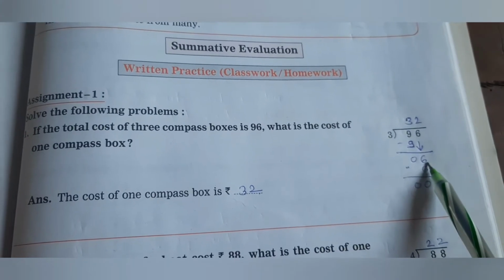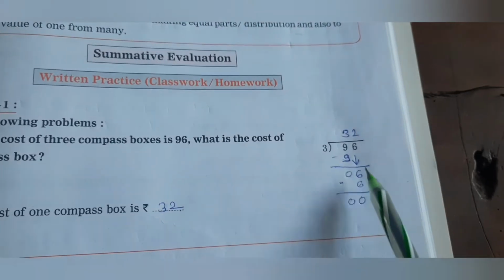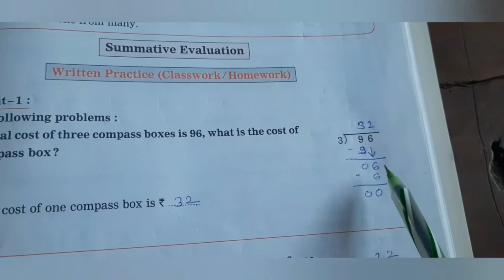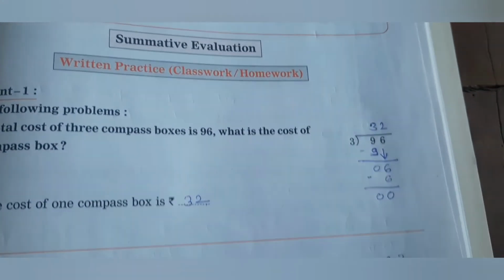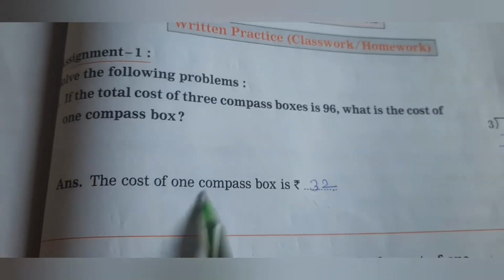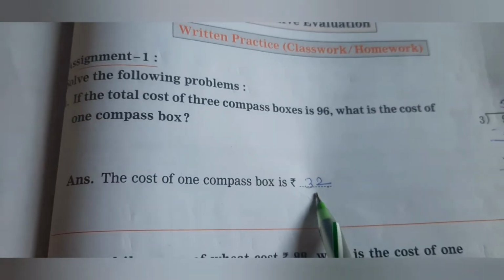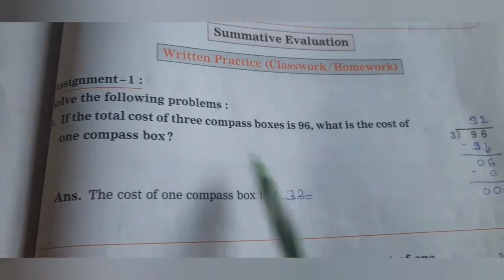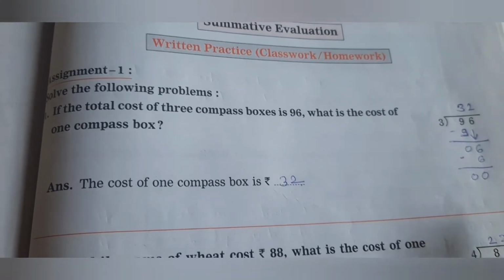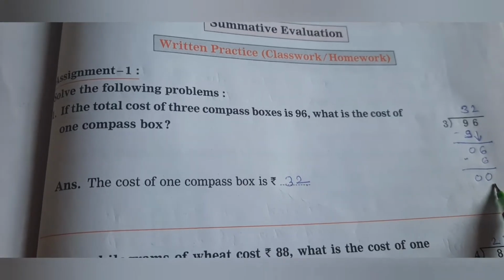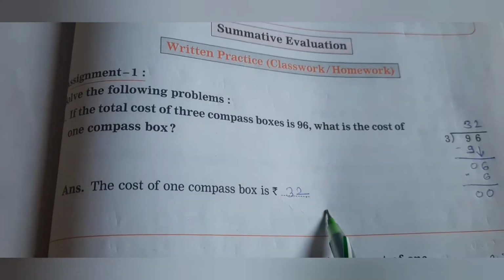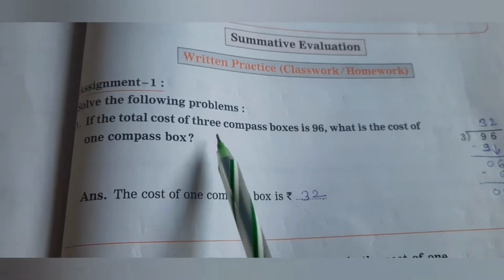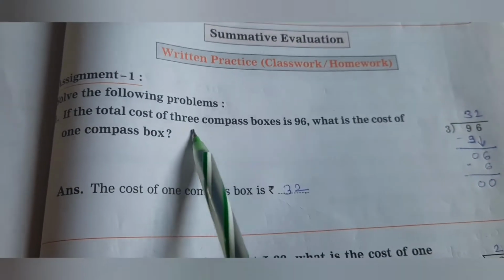Bring down 6, students, this way. And 3 twos are 6. 6 minus 6 is equal to 0. In this way, the cost of 1 compass box is 32 rupees. This 32 is the quotient and this is the remainder. Remainder is 0. Quotient is the answer.